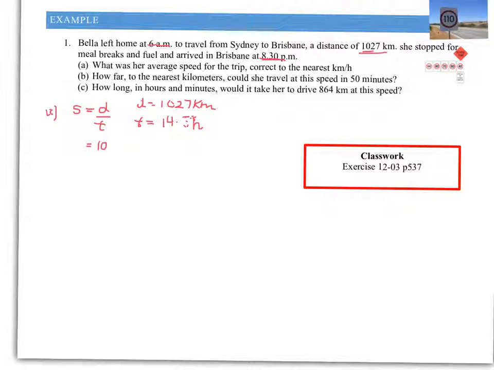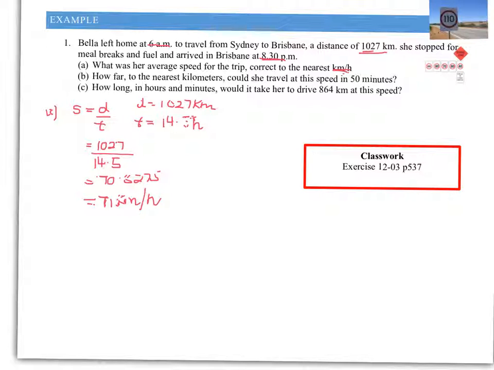Okay, so 1,027 divided by 14.5, and our calculator is an amazing thing, and it gives us something like 70.8275. And we have a quick read. Have we answered this? No, it says correct to the nearest kilometre per hour. So the nearest kilometre per hour must be 71 kilometres per hour. And that's very messy, but hopefully you can read that.